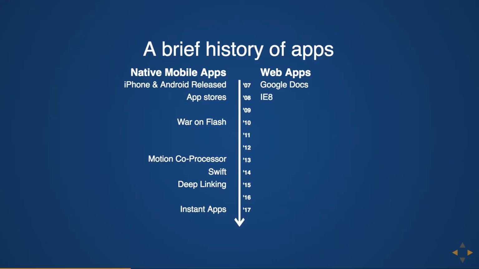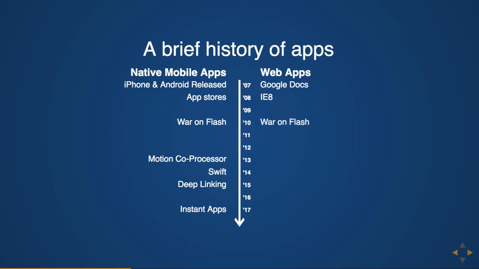So following year, we get IE8. I think this might be the last time since then that everybody the world over has agreed uniformly that something was terrible. And we ended up having to live with IE8 for quite a bit. So the web app community piggybacked on Steve Jobs' war on Flash for a lot of the same reasons, honestly.